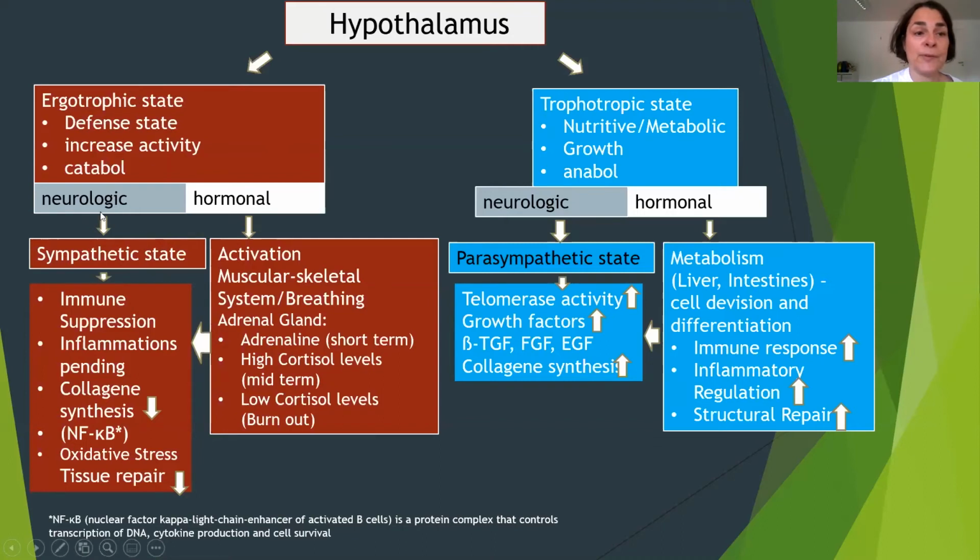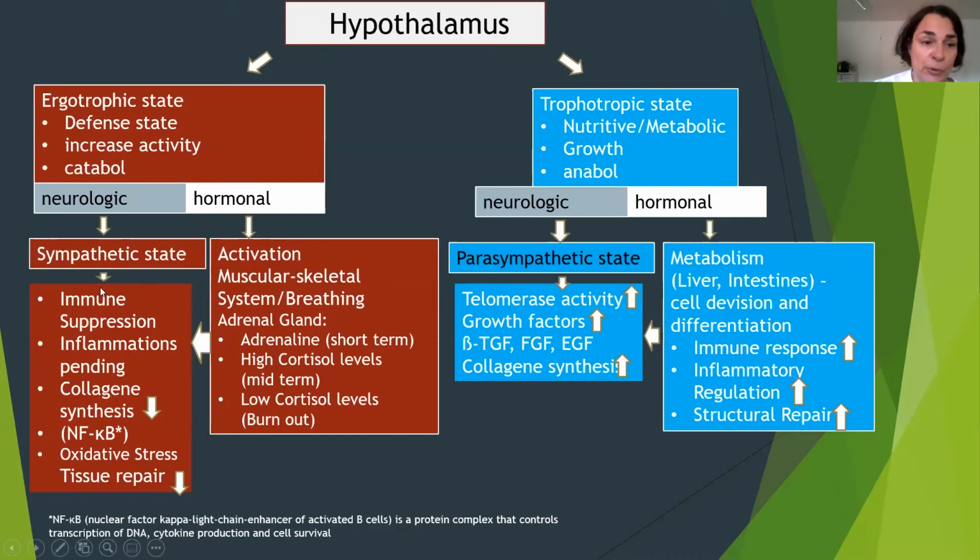On the sympathetic side, you know that this is a defense state, and there's increased activity in the muscles and musculoskeletal system. So energy is needed, and there's a catabolic metabolism, which means the stock of nutrients is catabolized to get more energy.